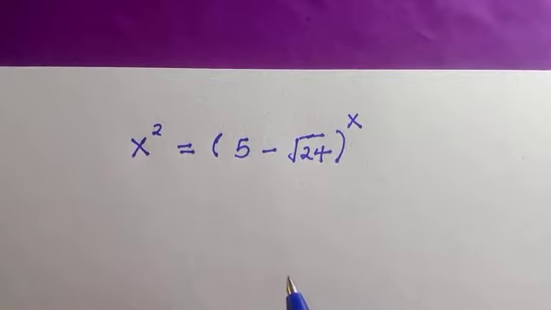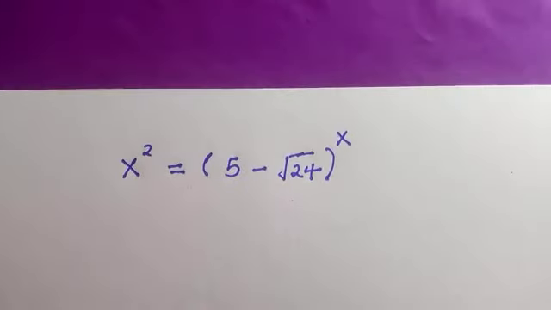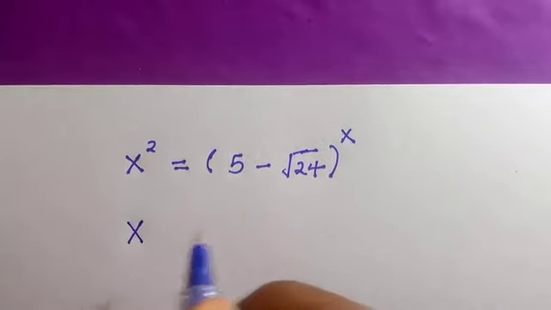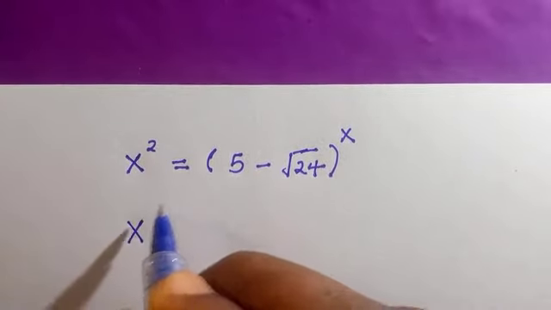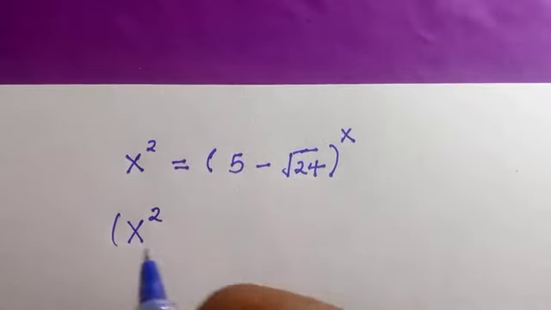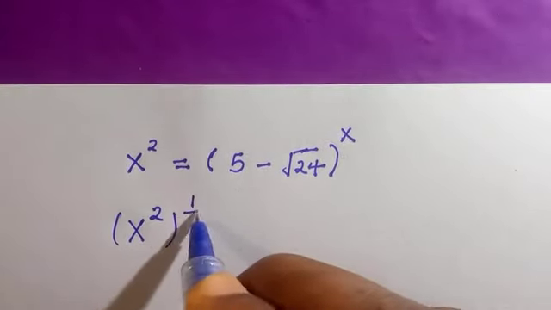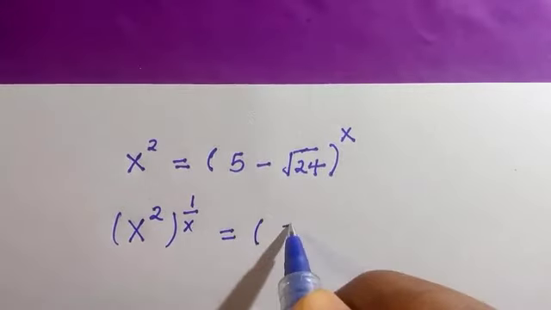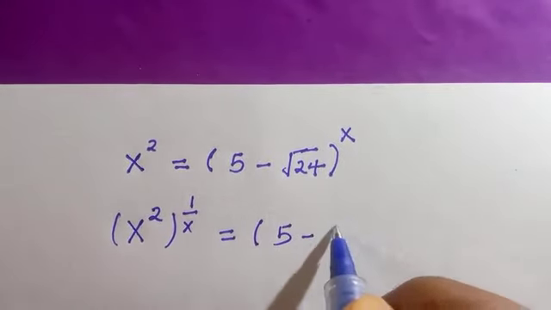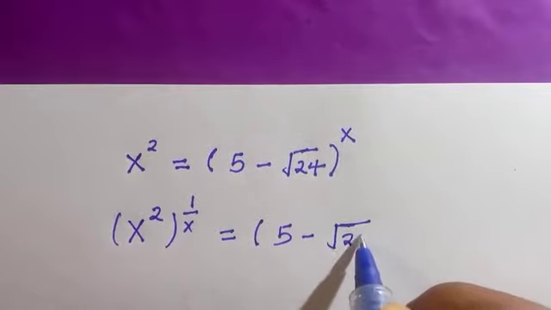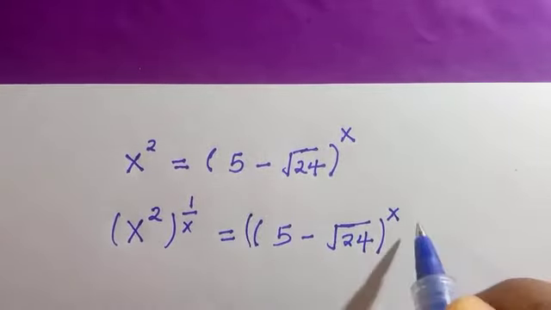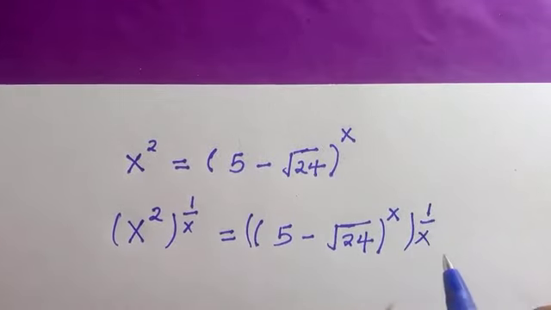So the first thing we're going to do here, given this nice problem, is take the x root of both sides. So we have x raised to power 2, all raised to power of 1 divided by x, equals the bracket 5 minus root 24 raised to power of x, and all raised to power of 1 divided by x.